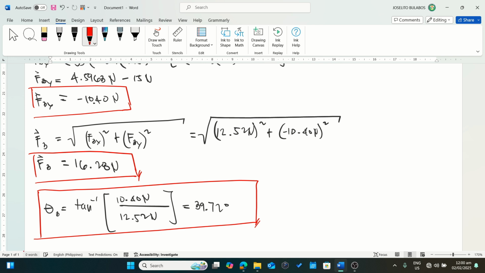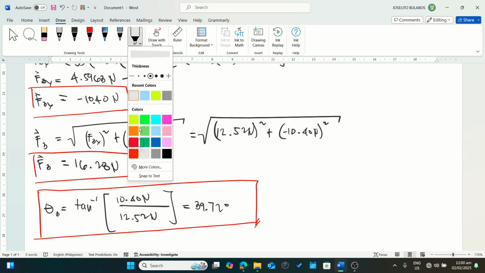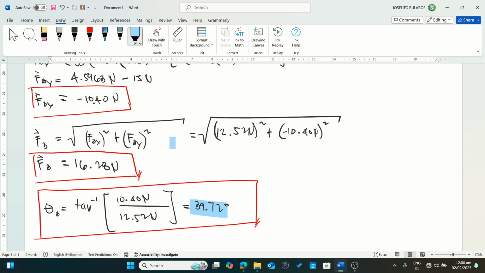This is the direction of the said vector.